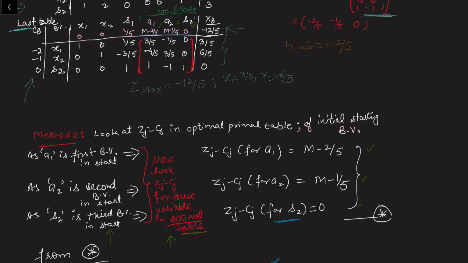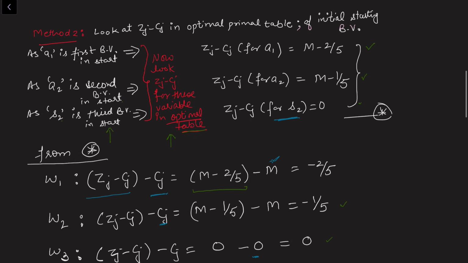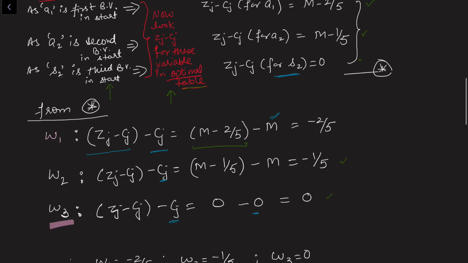So you read it from the starting basic variable column, and of course in the last table. For the first decision variable, the W1 value is Zj minus Cj. That will be the W1 value, which is -2 by 5. The W2 value will be Zj minus Cj minus the cost, which is -1 by 5. And for W3, Zj minus Cj is 0.